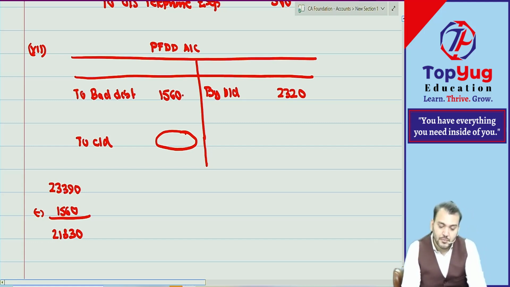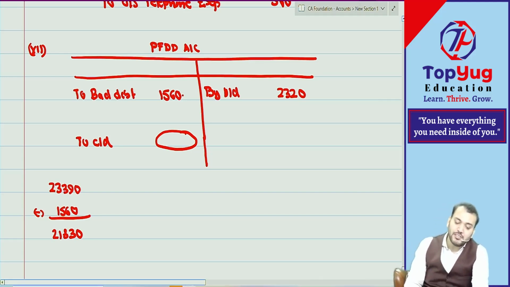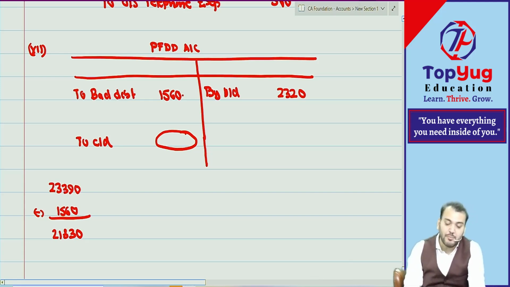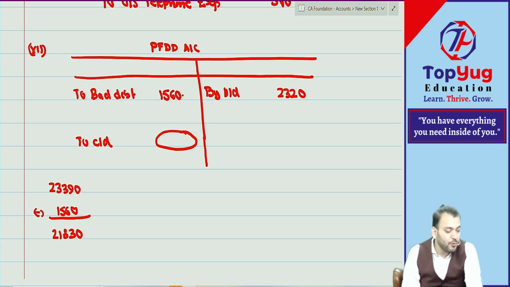Correct. But it is a little interesting, because all these accounts are in the books of Mr. WNH, and point number 4 you have also done. What is the point number 4 rectification entry? Suspense account debit to customer account, which means the customer account will decrease by 270.